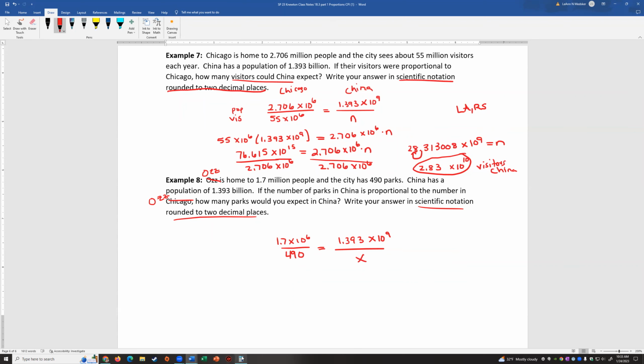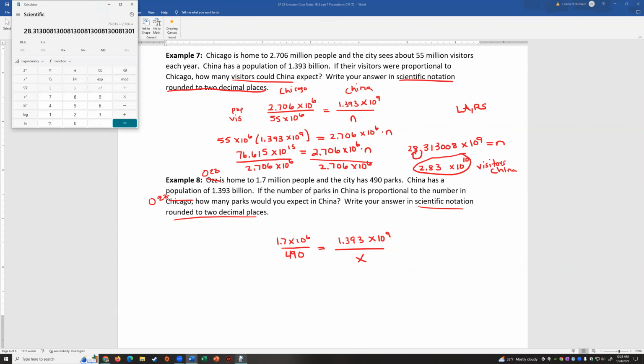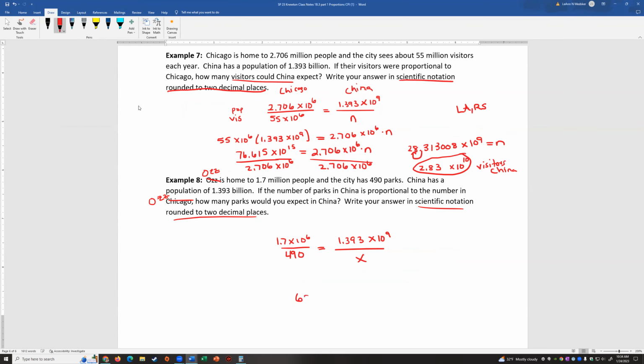So on this one, we're going to be multiplying the 490 times the 1.393. So there's no adding of the exponents on this multiplication because the 490 is not in scientific notation, but we do multiply the regular numbers together. So that's going to be 682.57 times the 10 to the 9th.